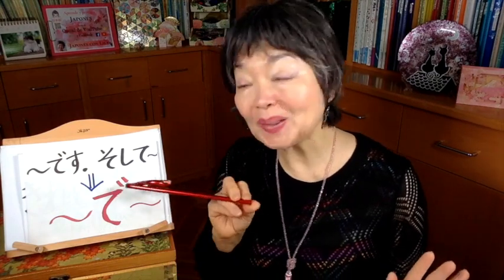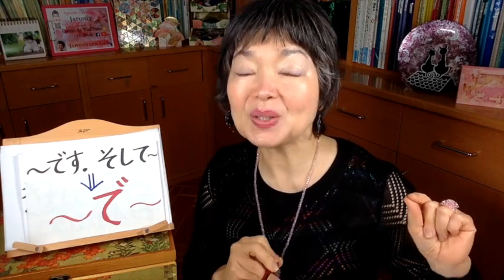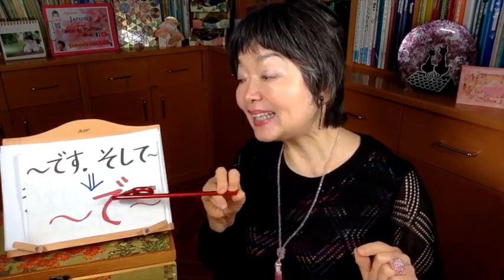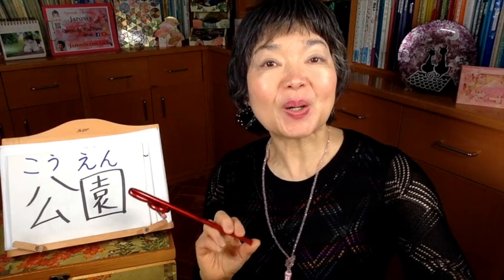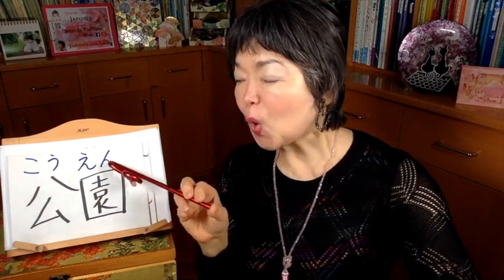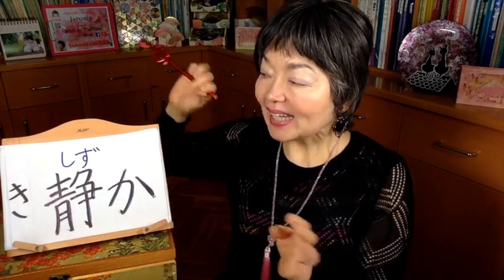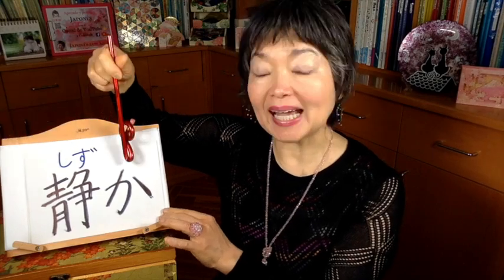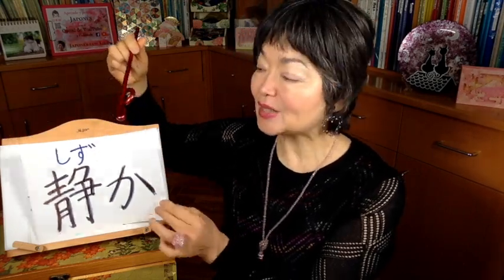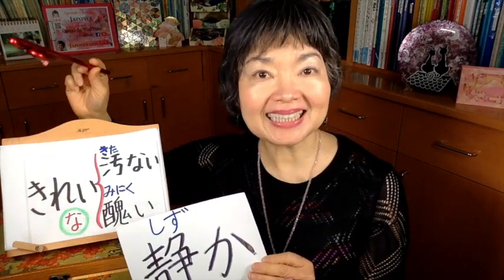This part, the first part, な形容詞 only with で we don't have to change to くて。くて is only for い adjective. で is for な adjective. The last example using this word 公園 park and 静か quiet. 静か This is な形容詞 and きれい clean.